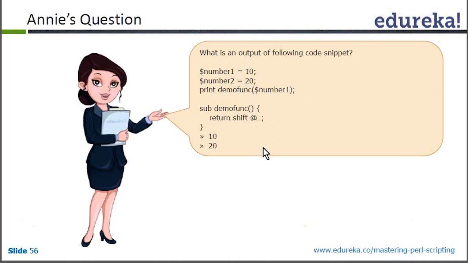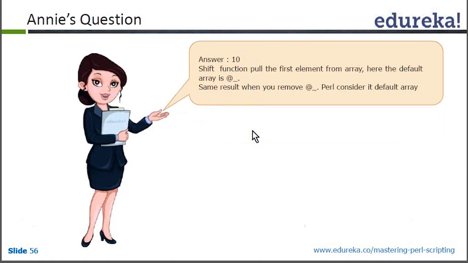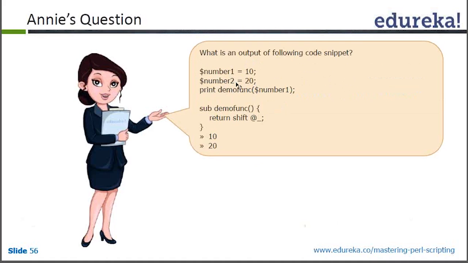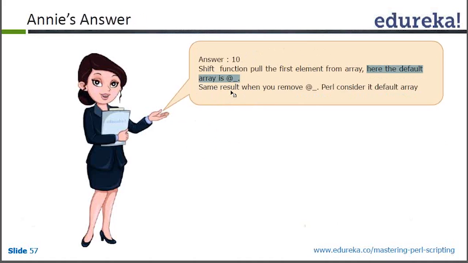So shift, what it does is shift will remove from the start of the array, right? And unshift will add to the starting of the array. So here when we do a shift, then what it does is it will pass 10. So the shift function will pull the first element from the array. Here the default array is @_, so it will be passed on, and that is what the result is.